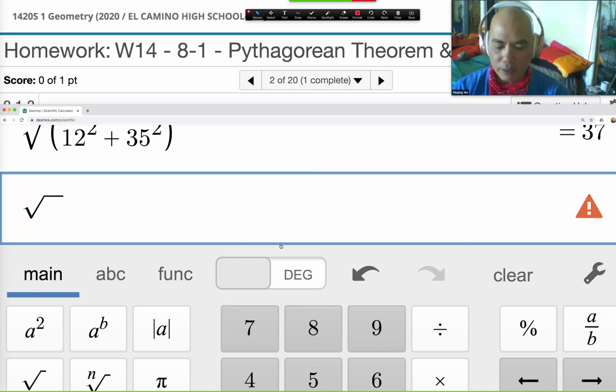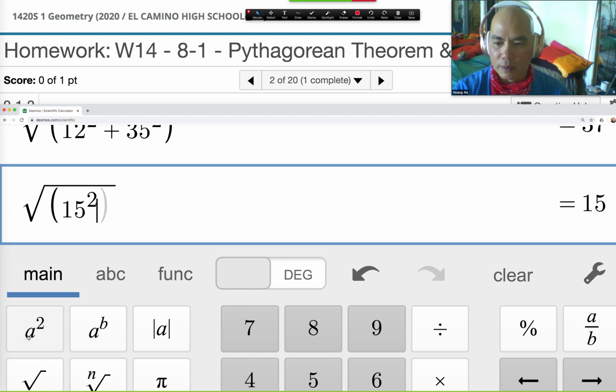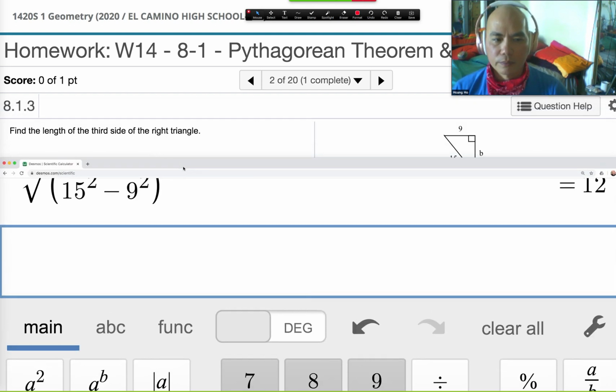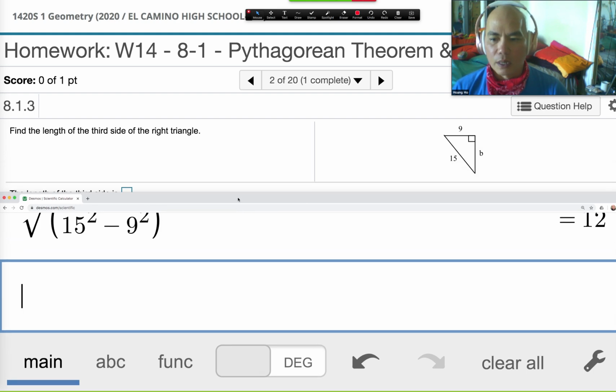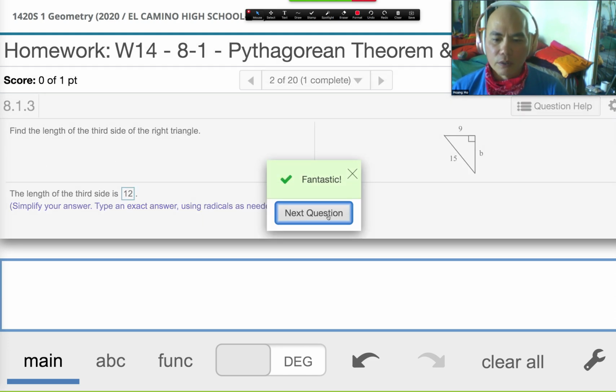Make sure it's in parentheses: 15 squared, subtract 9 squared. My answer is 12. I go back to my answer box, 12, and the answer is correct.